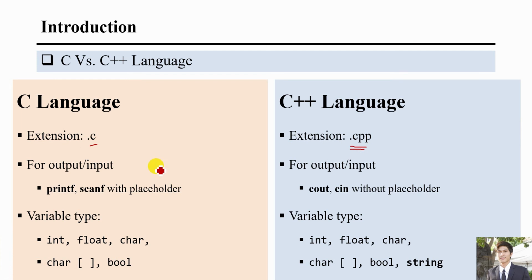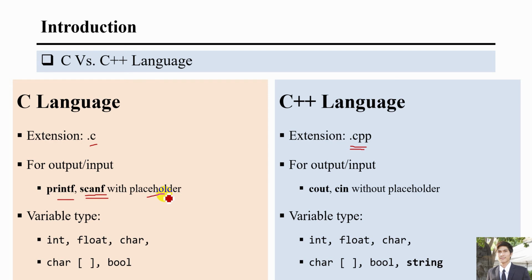Okay. And also in the command output and input, right? In C programming, you use the command printf to display information on screen, and you use the command scanf to get input from the keyboard. Okay, and then you need to use placeholders like %d, %f, %c, or %s to get different types of values.